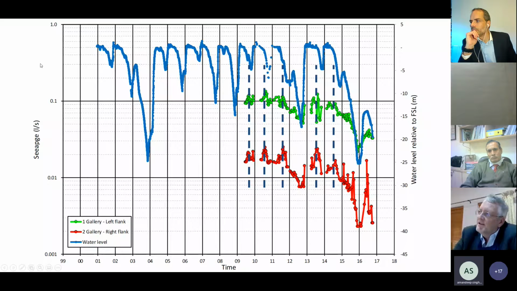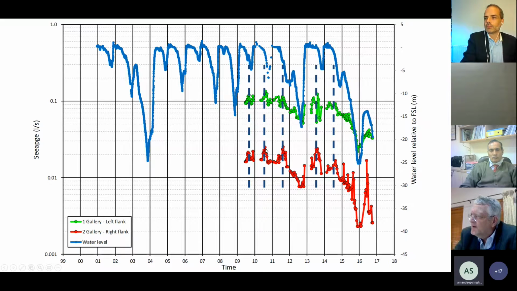So just the interesting thing, one of the things that I use a lot when I work with flows, to compare seepage or so with each other, I actually use a log scale. Yes, you might lose some of the peaks and so on, but you can now compare it and you can see the two flanks are also the same, but it's very small seepages, very much less seepage than what we've actually seen before.